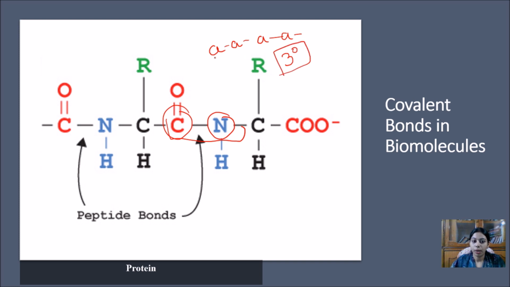Here the bonding between these amino acids and the sequence of amino acids play a vital role inside our body in deciding the function of any protein. Proteins can be of two types, globular protein and fibrous protein. All these things I will be discussing in my class in the series on biochemistry. So all these were about the role of covalent bonds in the biomolecules.